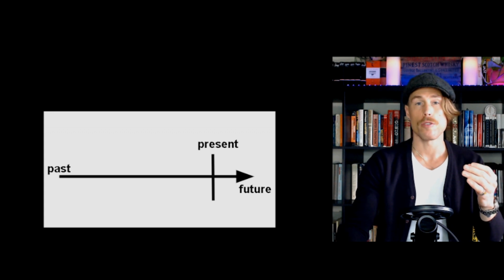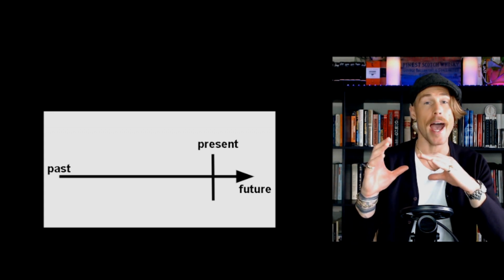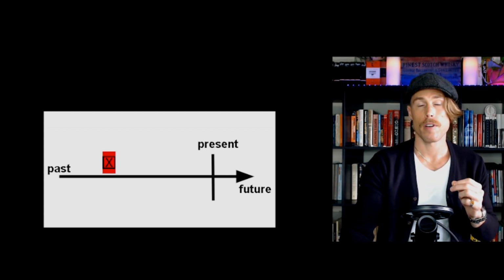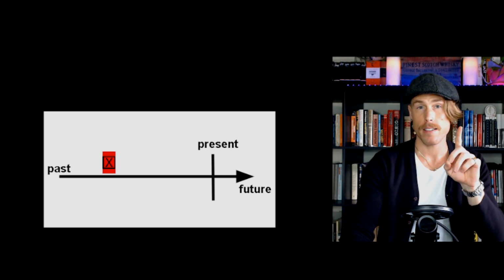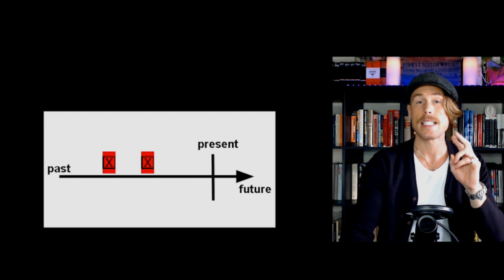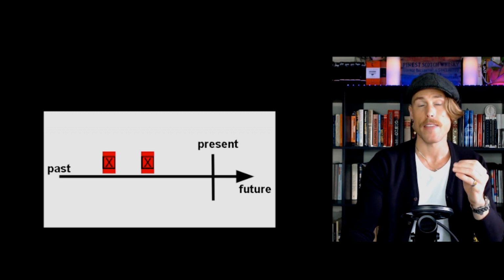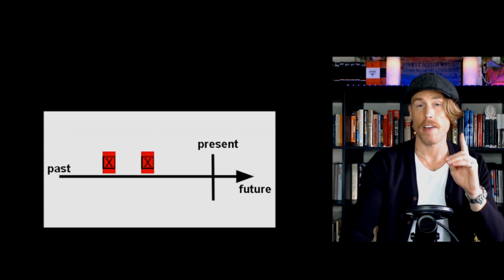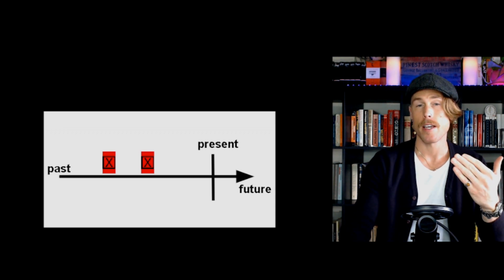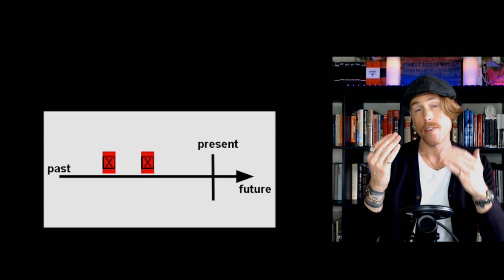We are going to focus on the past. We have our first event in the past. We have our second event in the past. The first event happened before the second event.